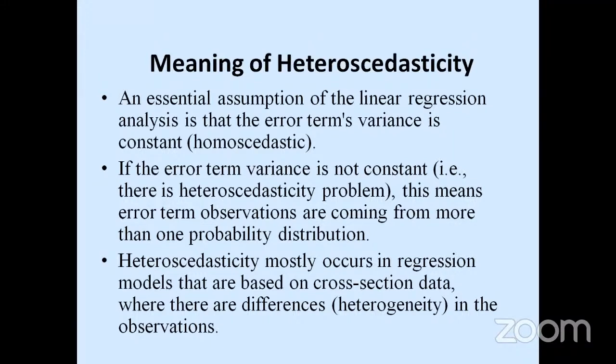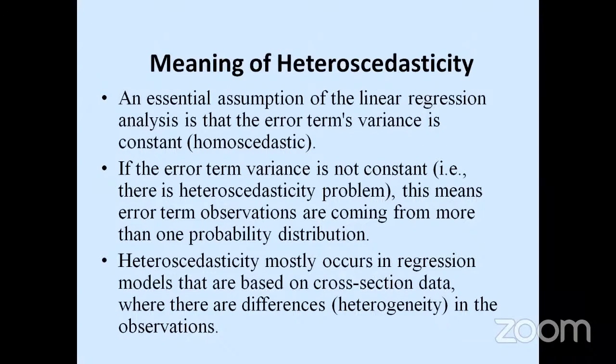Heteroscedasticity mostly occurs in regression models that are based on cross-section data, where there are differences in the heterogeneity of the observations. If we look at cross-sectional data or panel data, heteroscedasticity exists.